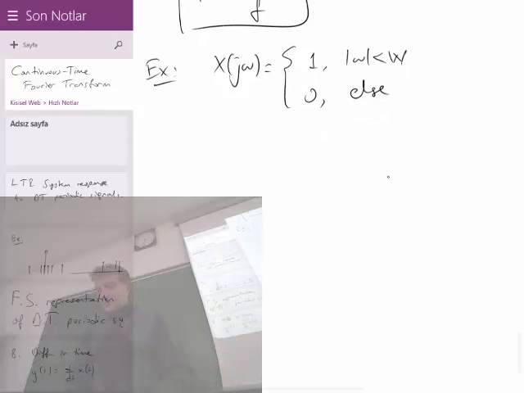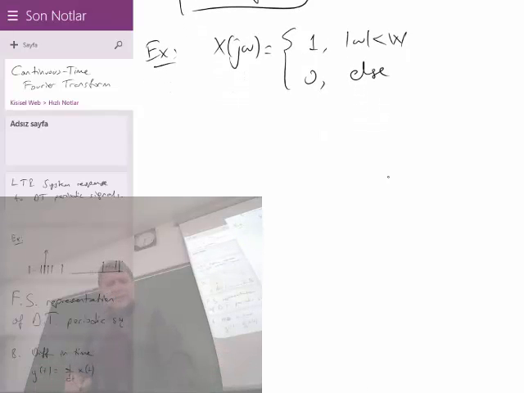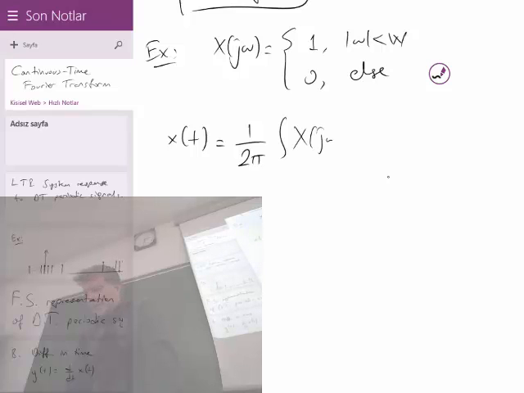The time domain counterpart. And for this one, we need to this time use the inverse Fourier transform. And the inverse Fourier transform is, you may or may not remember, but if you check out the formulas that we provided, 1 over 2 pi, from minus infinity to infinity, x of j omega, e to the j omega t d omega.